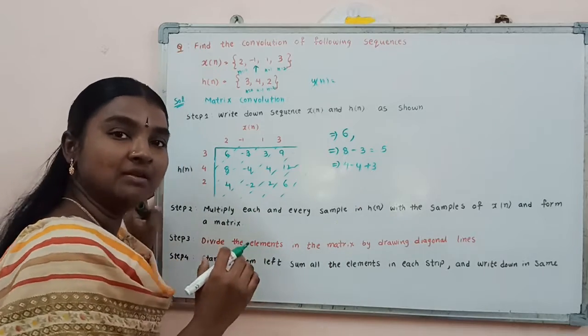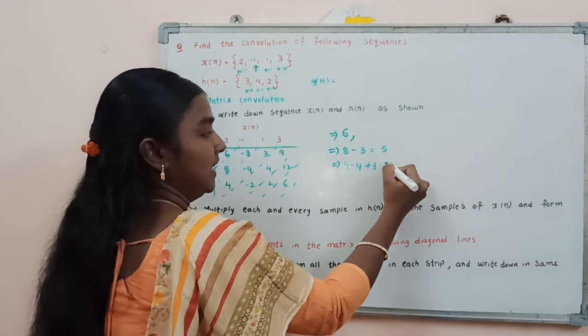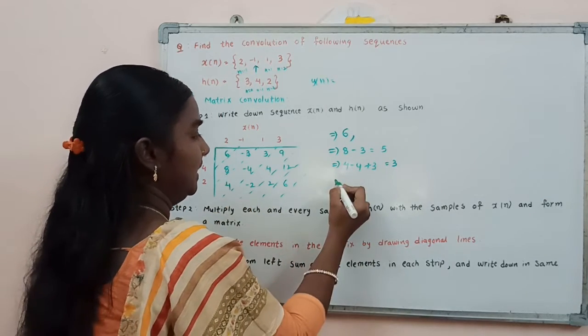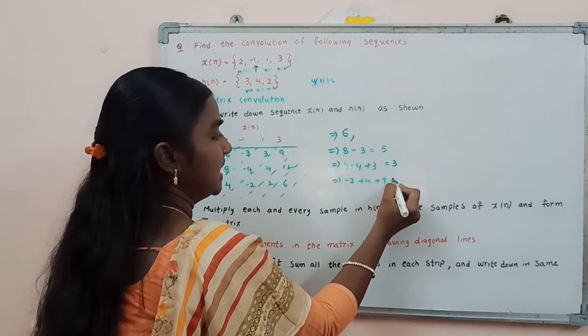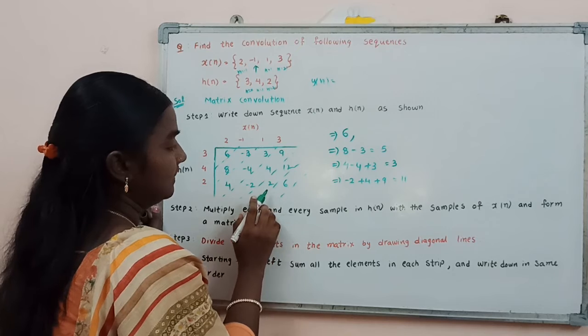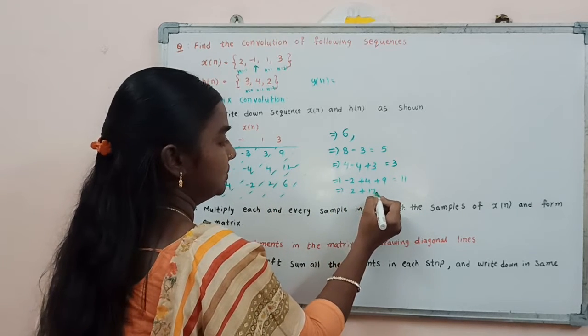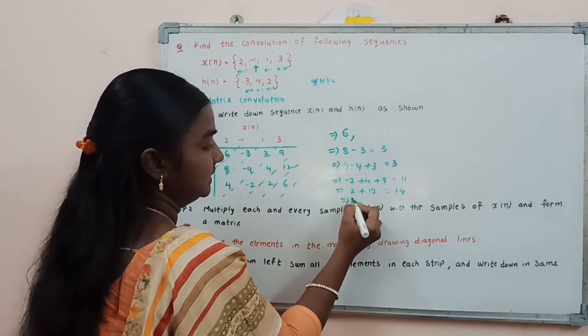In each diagonal we do the addition operation, so we find 3. In the fourth diagonal strip, -2 plus 4 plus 9 is 11. And in the fifth diagonal strip, 2 plus 12 equal to 14, and in the last one, 6.